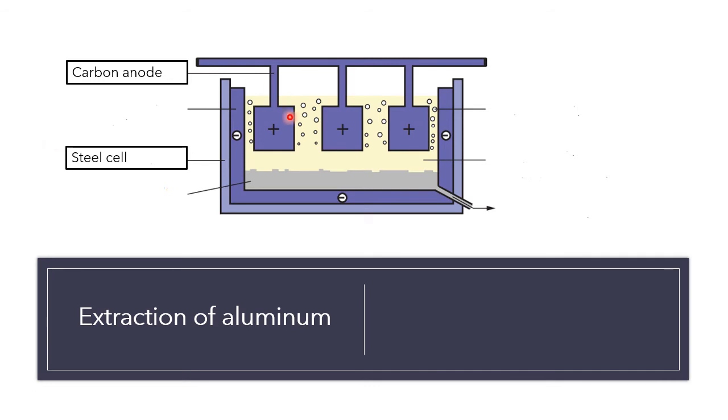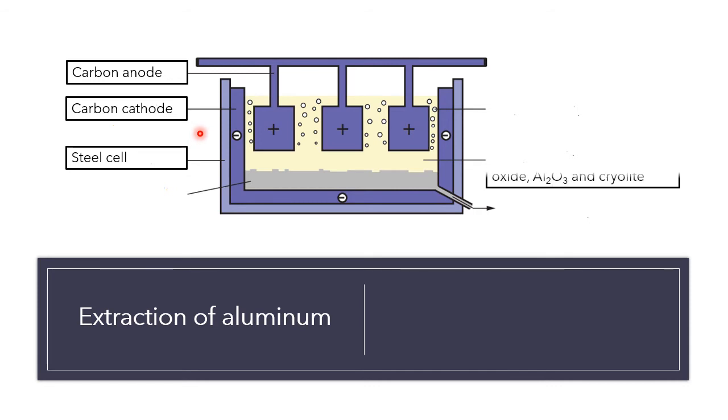Okay, carbon yang tengah-tengah ni will act as an anode, and then carbon yang di sebelah tepi ni, wall ni, dinding ni, dia bertindak sebagai cathode. Okay, alright, and the electrolyte here is the molten aluminium oxide. Okay, our electrolyte is molten aluminium oxide. Mesti menggunakan molten aluminium, bukan aqueous.